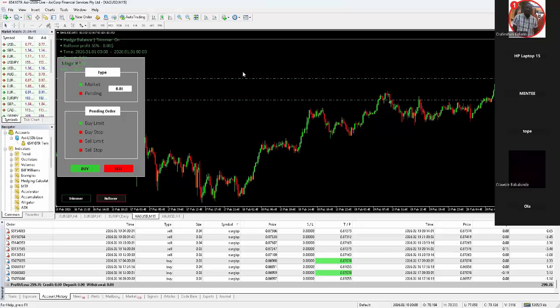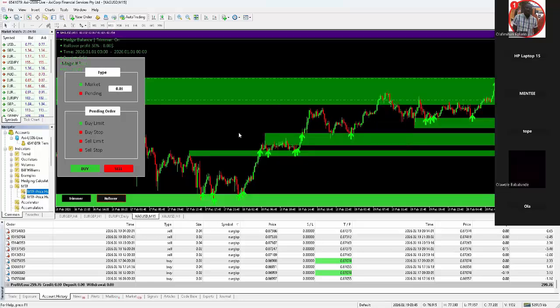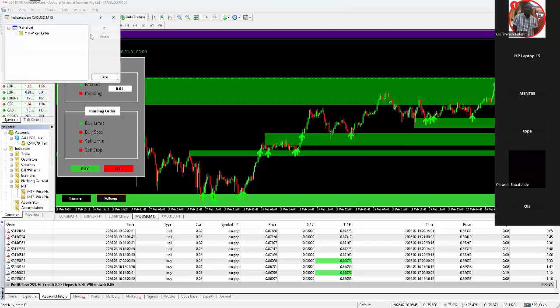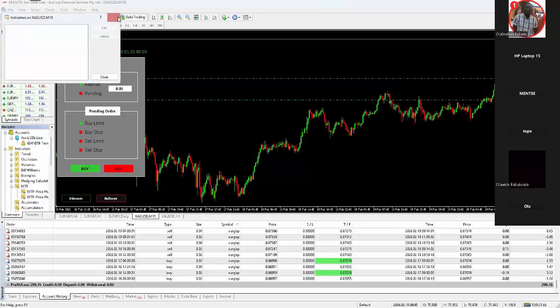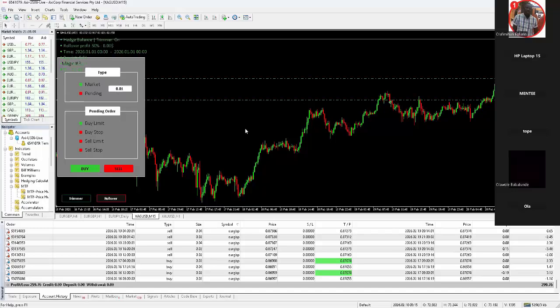Okay, so now, if you look at my chart, I've removed multi-time frame from the chart. This is my multi-time frame, you see? But I removed it from the chart. Why? Because I don't want to be fully occupied by software. I want my brain to start working too. I'm a trader.